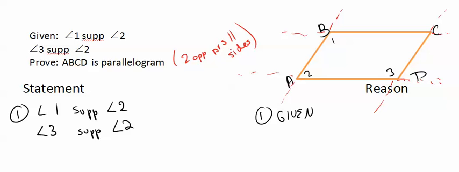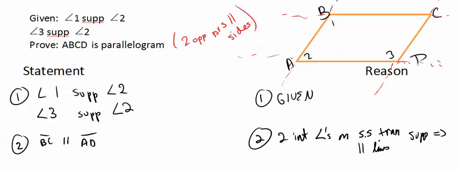As usual, we're going to start with our givens. From there, we can right away say that line BC is parallel to AD. If we have two interior angles on the same side of the transversal that are supplementary, that implies parallel lines.